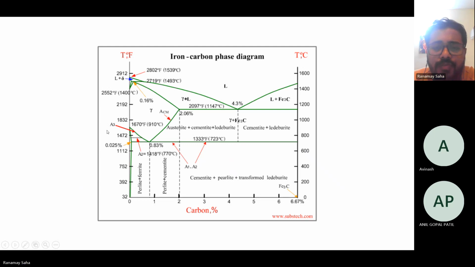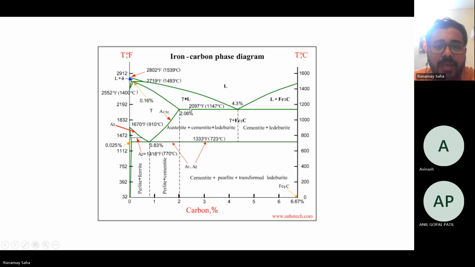You will be exposed to questions based on this iron carbon phase diagram in the slides. These points, these liquidus lines, the solidus lines, and these solvus lines, you have already discussed, and now you know how varying percentages of carbon can give rise to different phases of carbon alloys: pearlite, ferrite, and cementite.